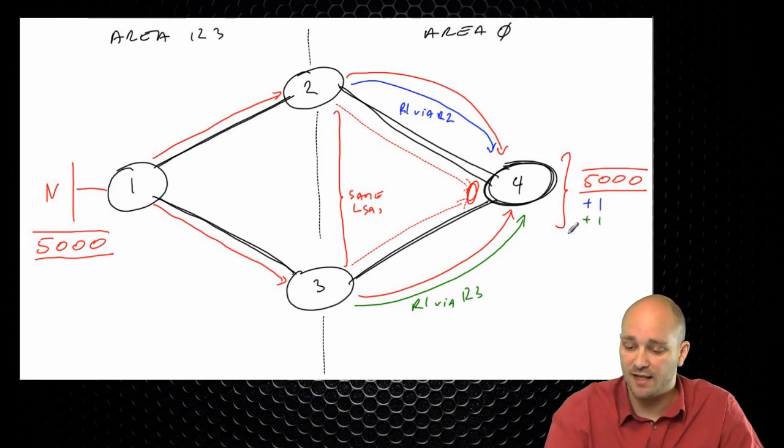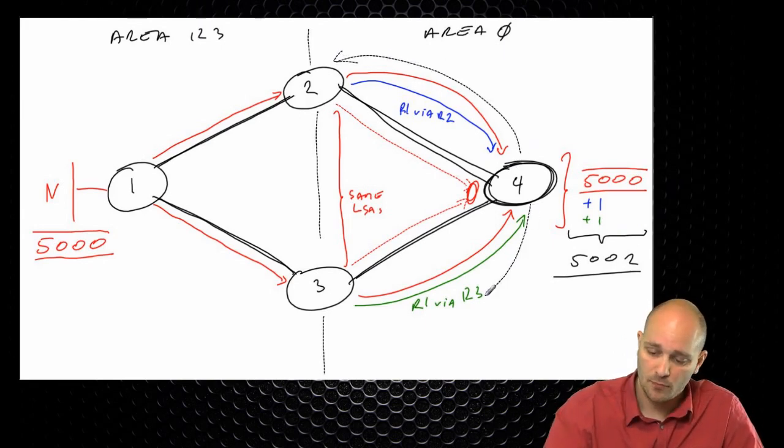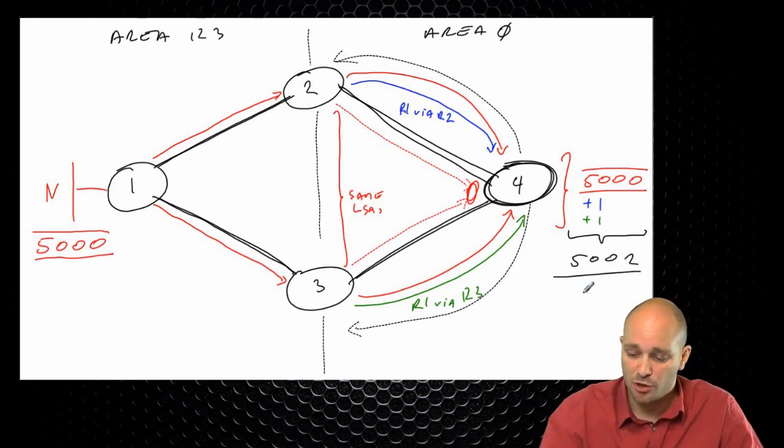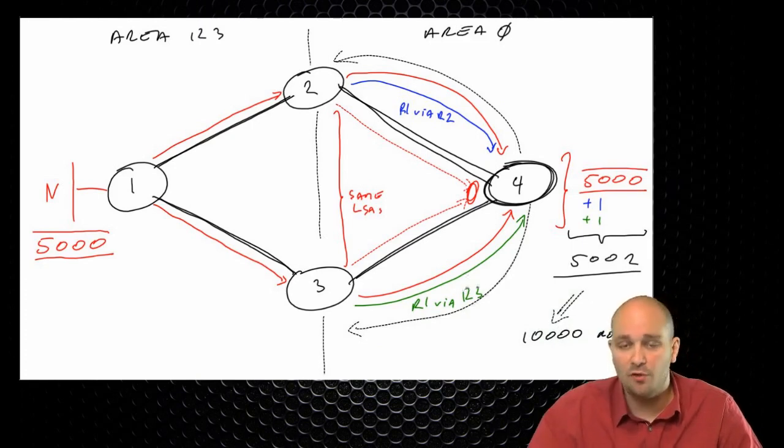So the total number of LSAs here is going to be 5002, and based on these 5002, I can actually compute two equal cost routes for both of these networks. So what actually ends up in the routing table are 10,000 routes based on only 5002 LSAs.